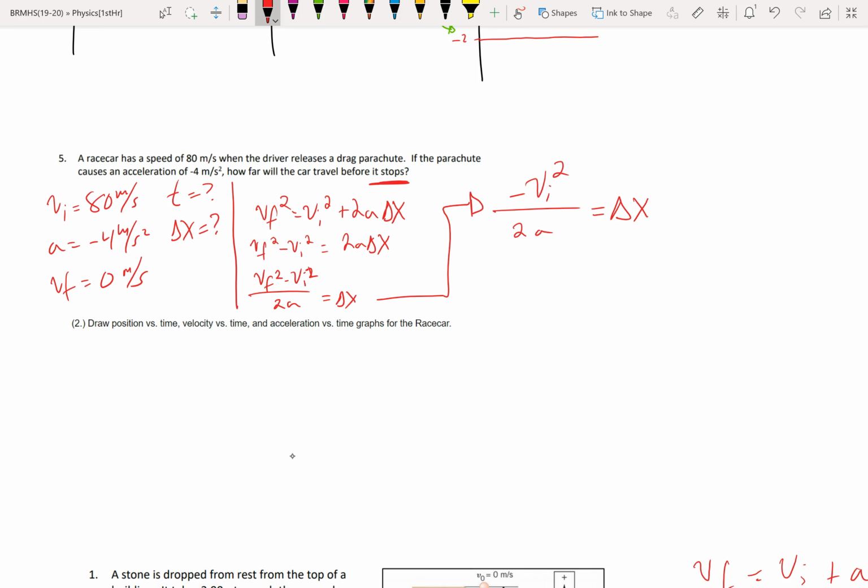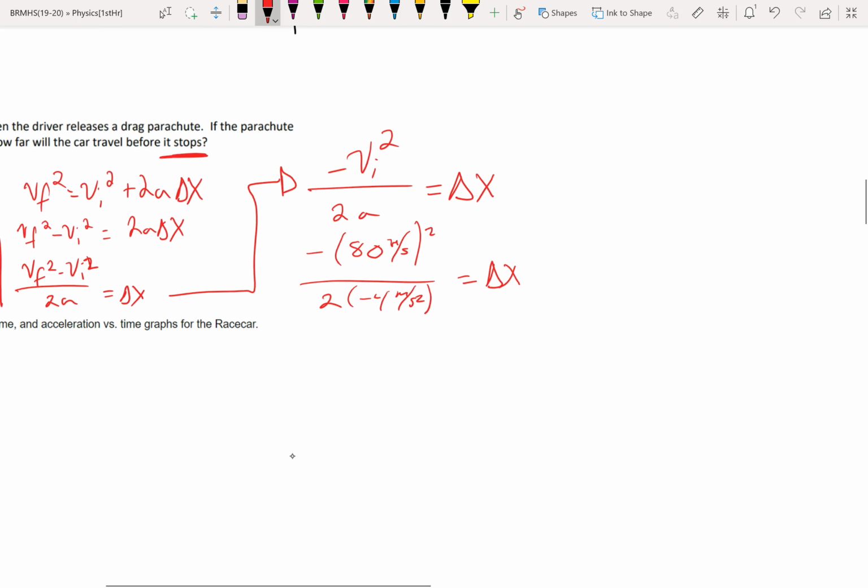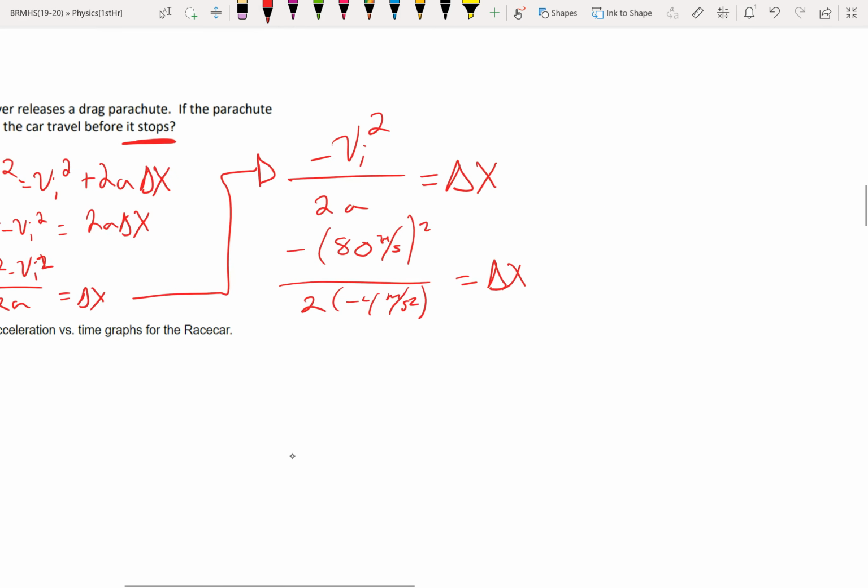Now we'll substitute. So I have minus, what is Vi? 80 meters per second, squared. And then I've got over twice the acceleration, which is minus 4 meters per second squared. Delta x. That exponent, the exponent is squaring the initial velocity, and then that entire term is negative.